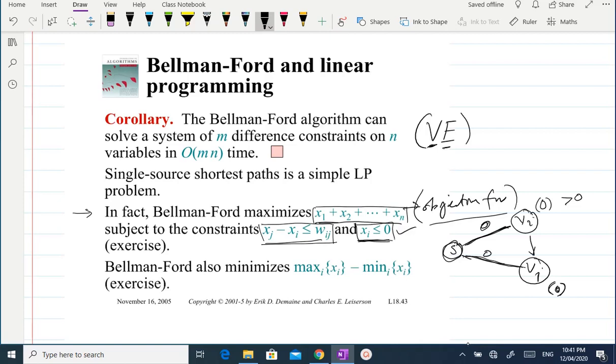And the last thing is, it will try to minimize the difference between the minimum and the maximum value of the variable.